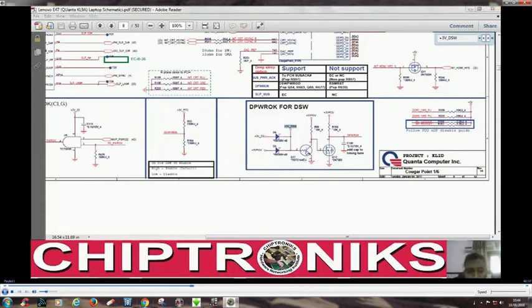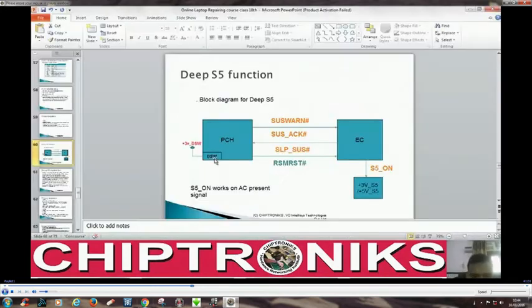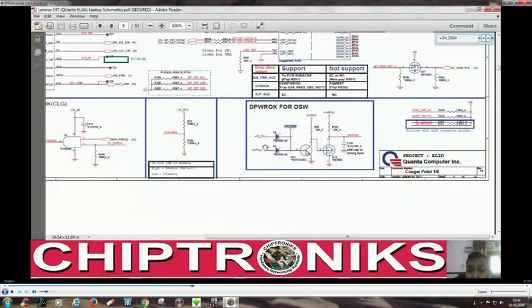So the voltage to the deep sleep well region is provided by +3V_DSW, which is in turn provided by +3V_PCU.